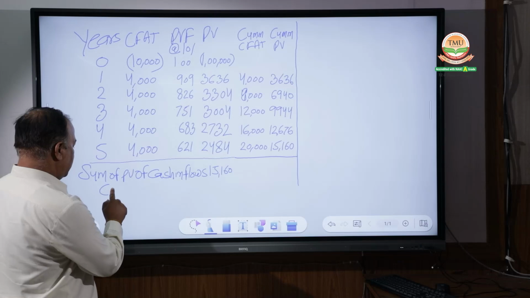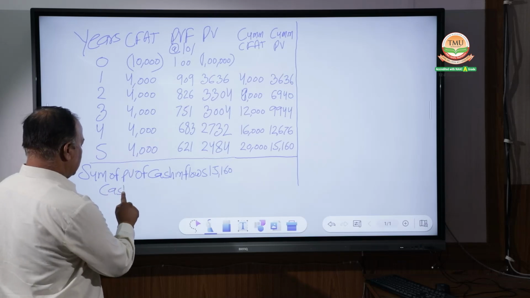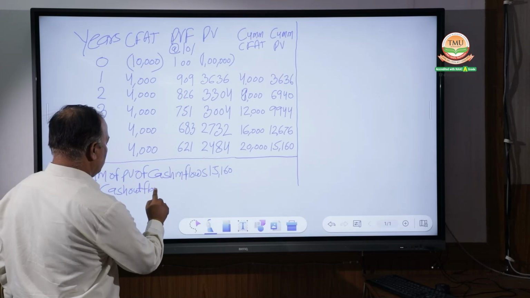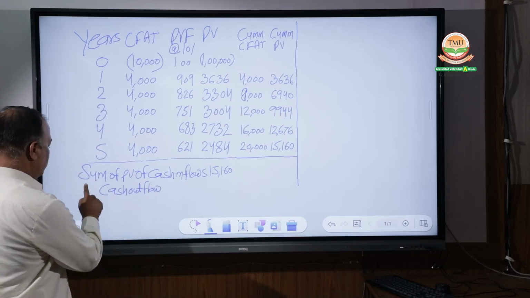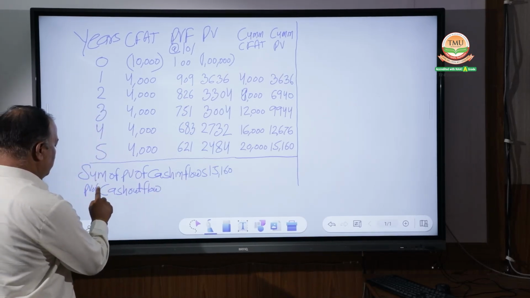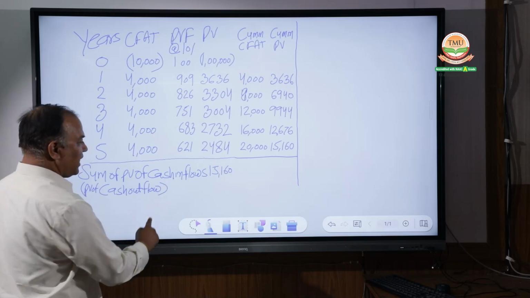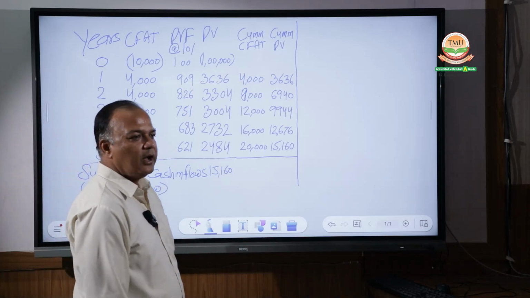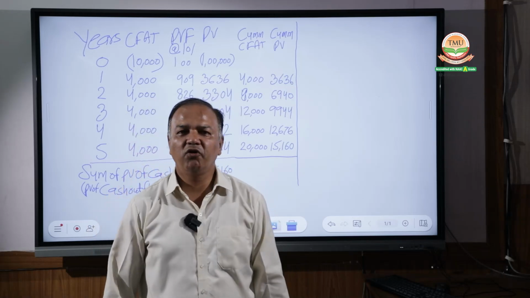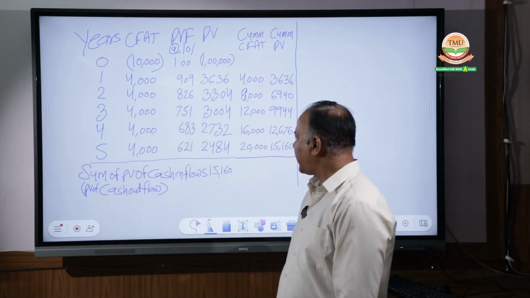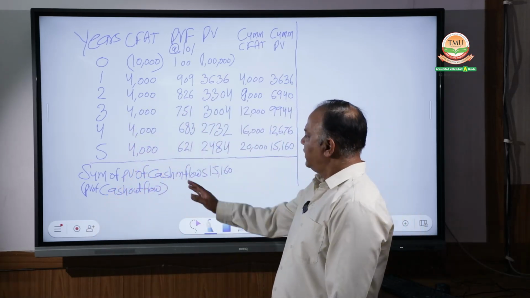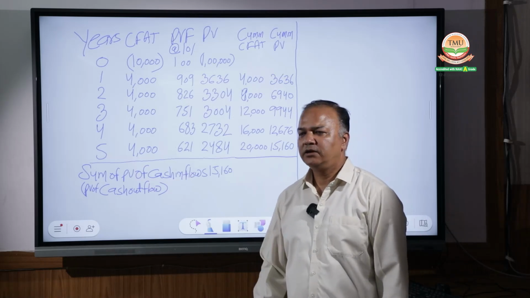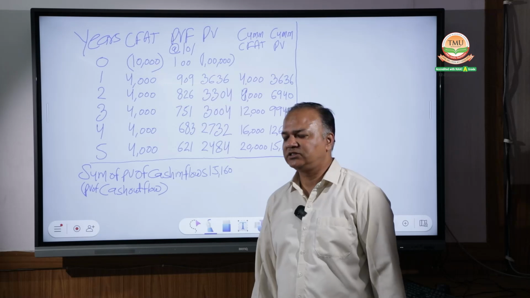Now write here present value of cash outflow. You have to deduct present value of cash outflow from cash inflow. Cash outflow means initial investment which you have done at the initial stage.